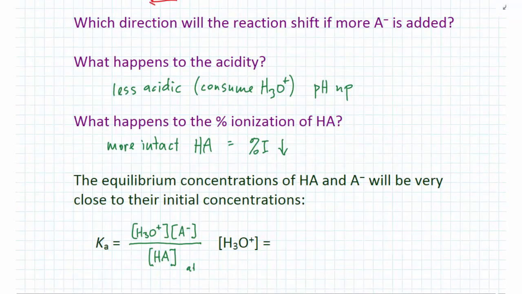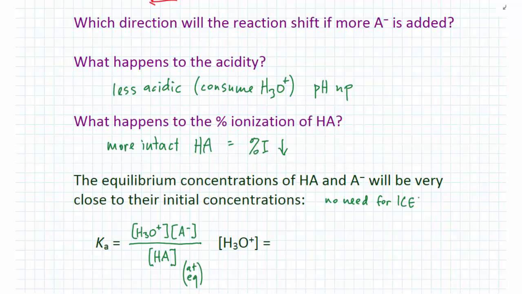These would be at equilibrium, but there's actually, in this case, no need for an ice table if we're assuming the equilibrium concentrations of those two are pretty much the same as just what we put in. Then we don't have to do minus x and plus x and stuff like that.